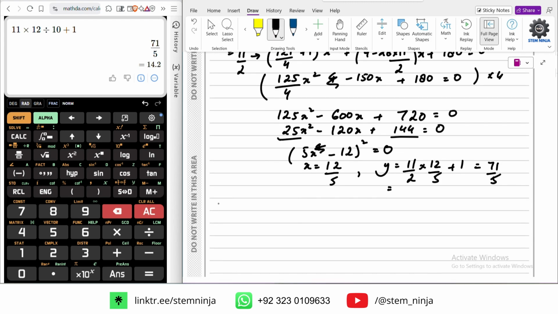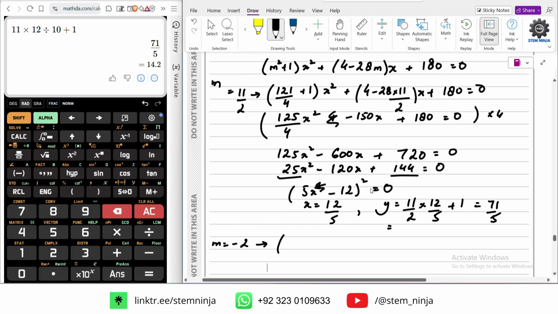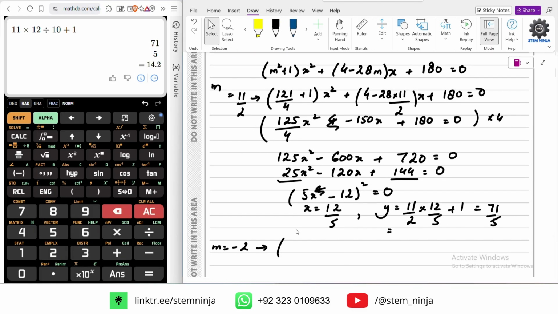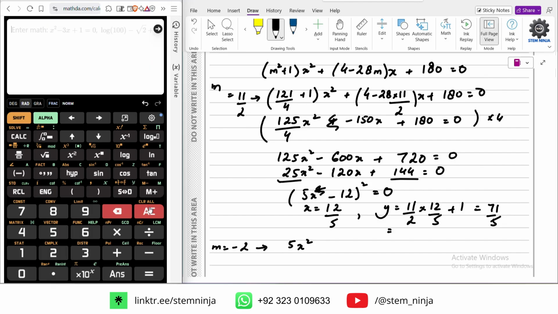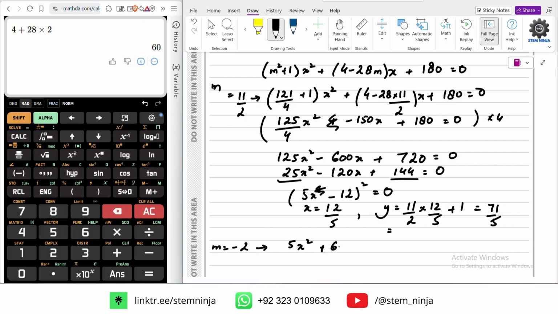Now we need to use m is equal to minus 2. So minus 2 whole squared plus 1, 4 plus 1, 5x squared, 4 minus 28 times by, so that is 4 plus 28 times by 2, 60x plus 180 equals 0.